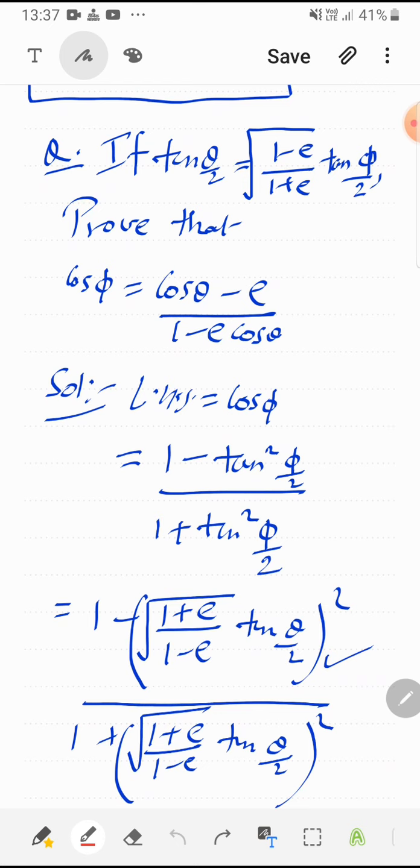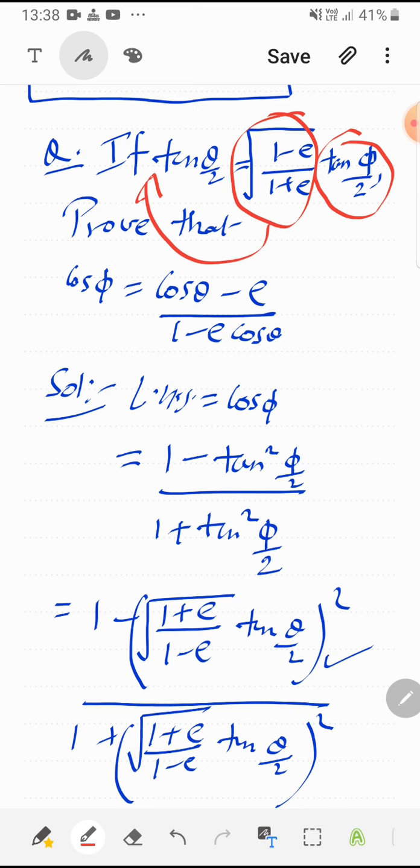Now the result which we want to prove gives us a straight hint of what we should do, because we have phi on one side and theta on the other side. That means we have to eliminate phi and write this in terms of theta. So from here I am deducing the value of tan phi by 2 by shifting this root term to the left hand side.